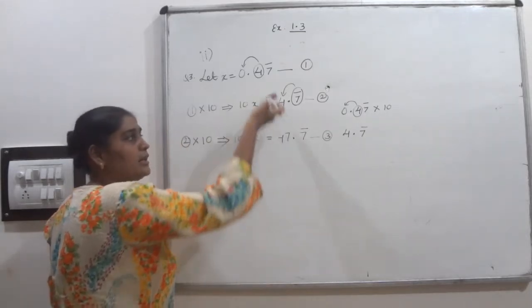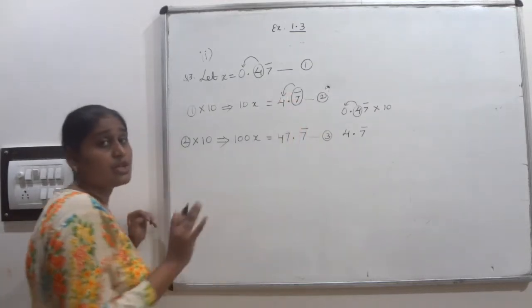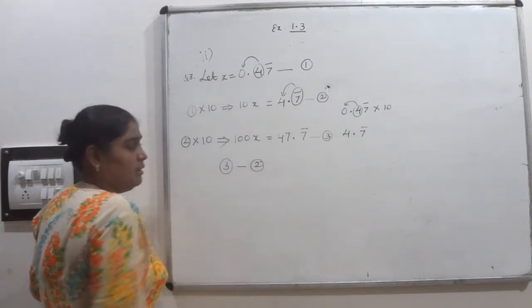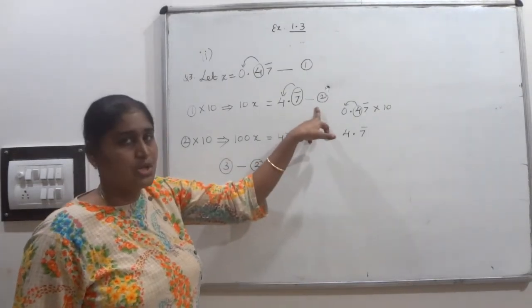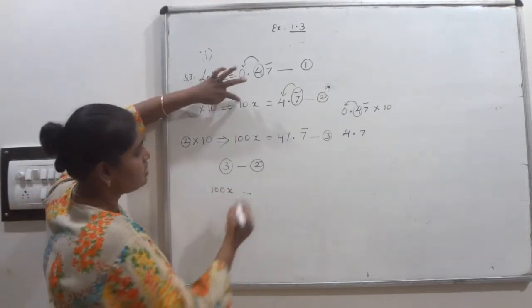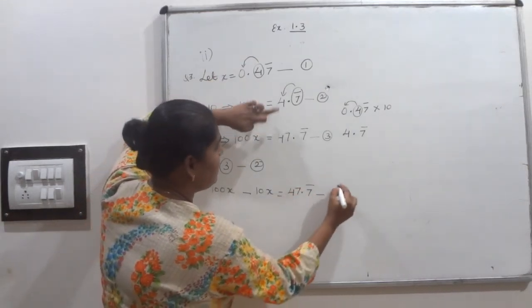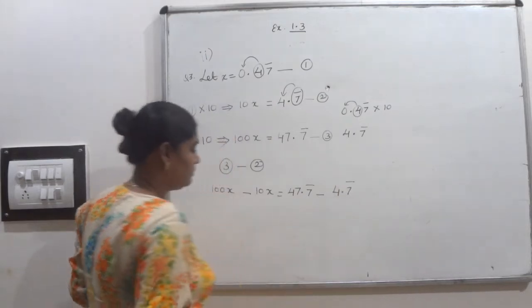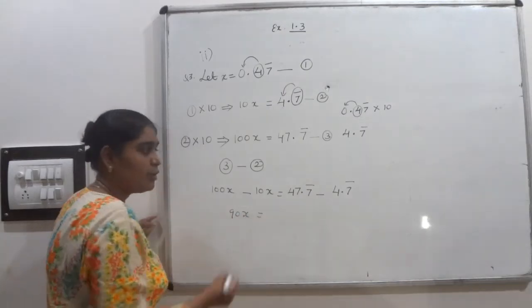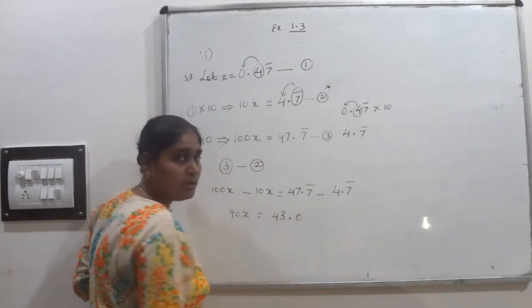Now check the second and third equations. Are the decimal parts equal? Yes, definitely equal in equations 2 and 3. Therefore, we can subtract them: equation number 3 minus equation number 2. Left hand side, 100x minus 10x, and on the right, 47.7 bar minus 4.7 bar. 100x minus 10x is 90x, equal to 47 minus 4, which is 43. 7 bar minus 7 bar is 0.